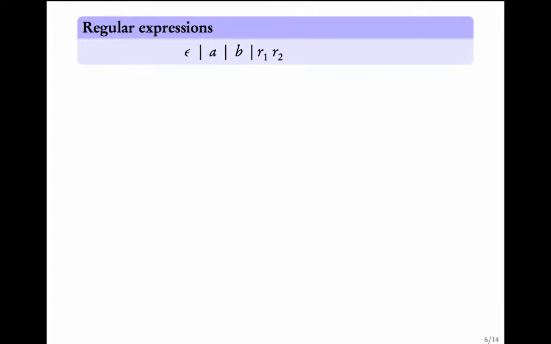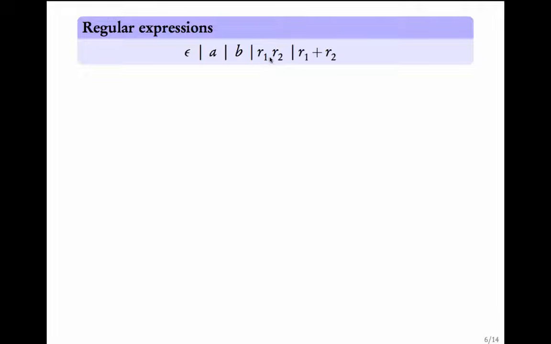Given two regular expressions R1 and R2, R1 R2 is a regular expression. Similarly, R1 plus R2 is also a regular expression. So the language of R1 R2 would be the words in R1 concatenated with words in R2.